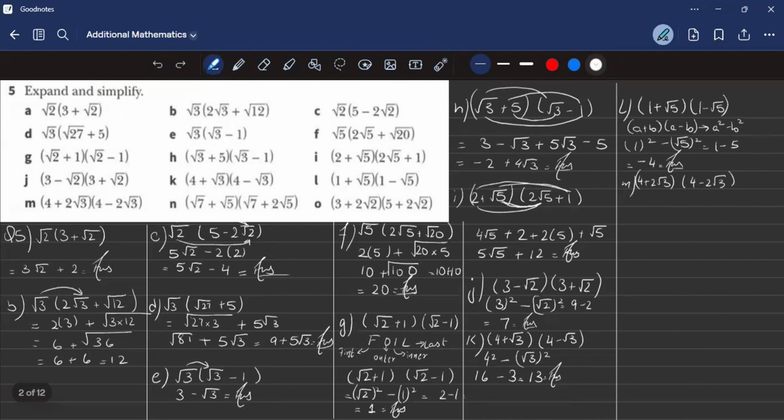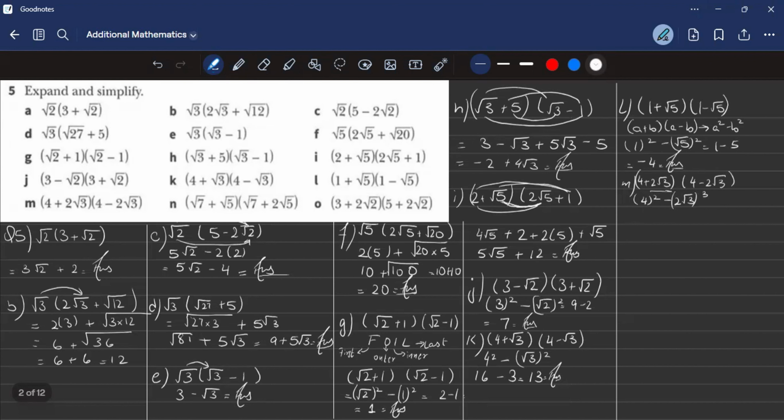And why is that? Because if we assume 4 is A and 2 under root 3 is B, then if the first is A plus B, the second one should be 4 minus 2 under root 3. And that's exactly what the second equation is. So simple, A plus B, A minus B is equals to A squared minus B squared. That's the formula, and we are going to follow it. So 4 squared minus 2 under root 3 whole squared.